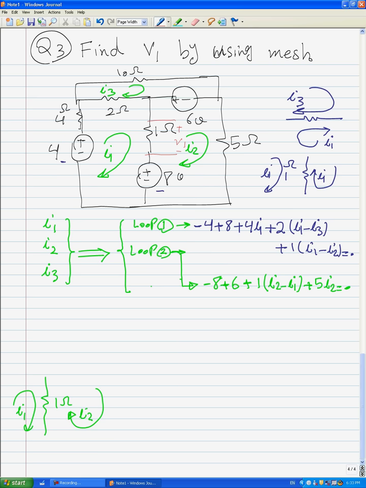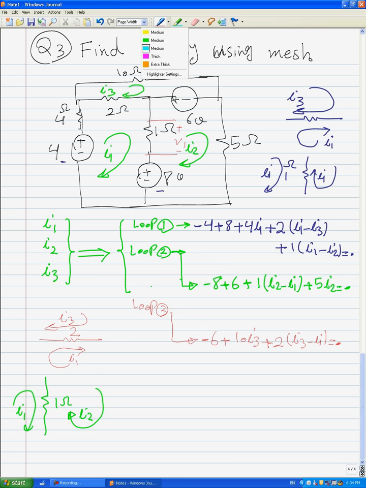For loop 3, we have this equation: minus 6 plus 10 times I3 and plus, be careful, for 2 ohms we have I3 and also I1. That's why for 2 ohms we have voltage 2 times I3 minus I1, equal to 0.